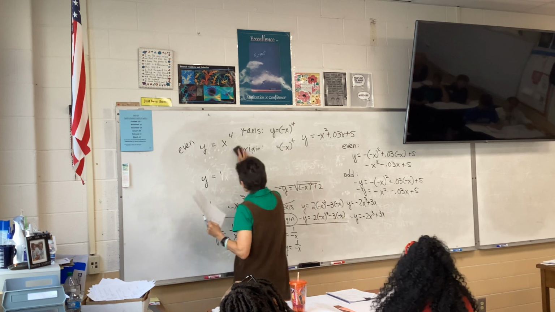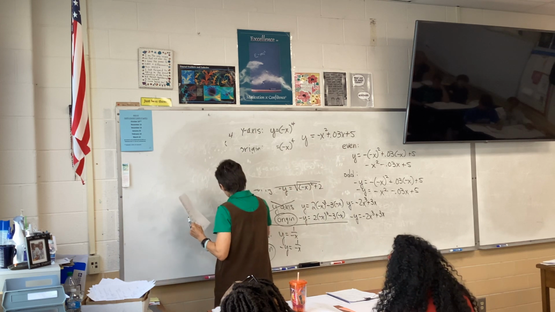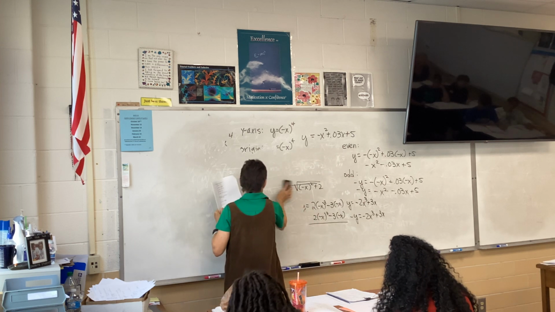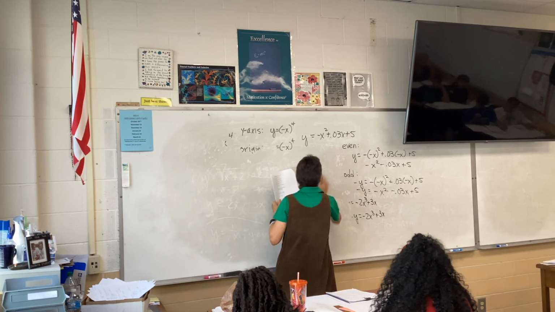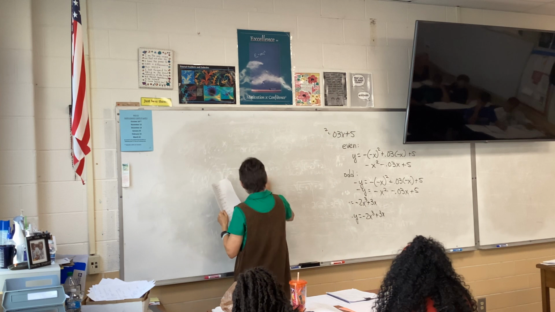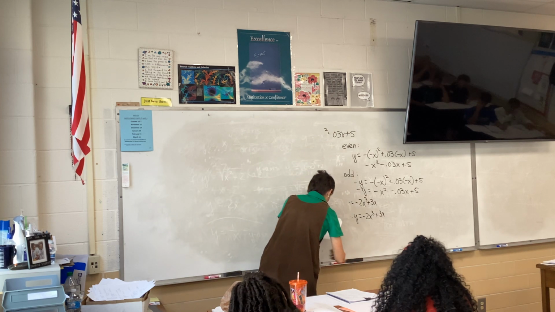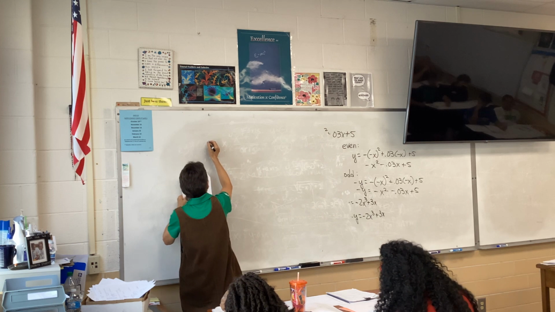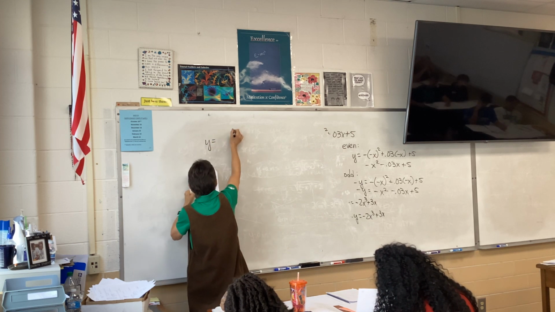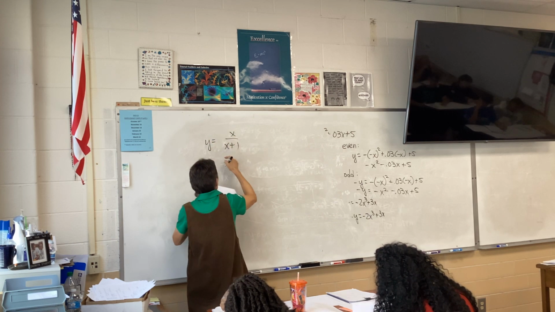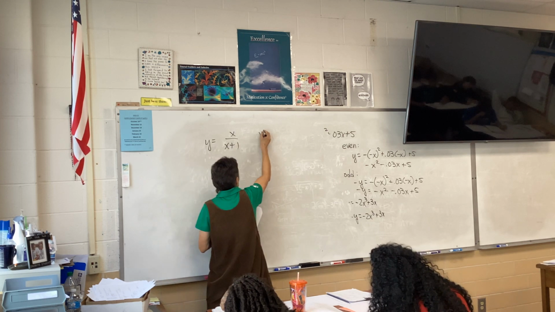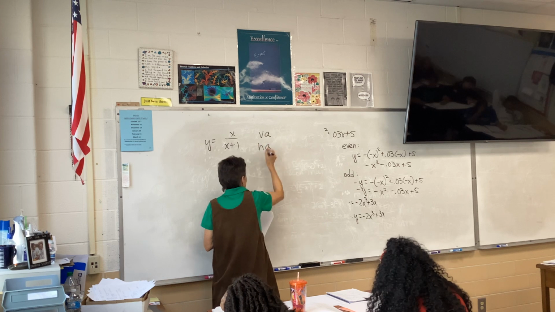Alright, so now we're gonna look at finding all of the asymptotes. We just talked about vertical asymptotes. Where do vertical asymptotes come from? When the denominator equals 0. So when I look at problem number 1, we have vertical asymptotes and we have horizontal asymptotes.